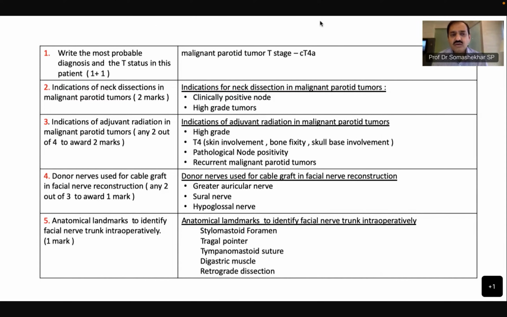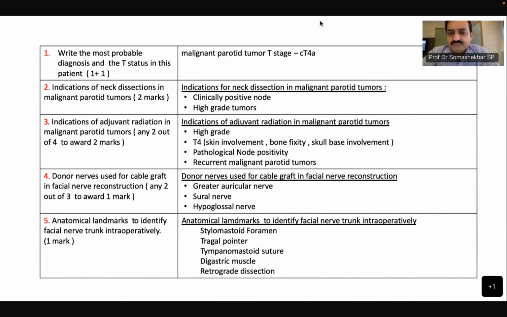So in the parotid, we don't do elective neck dissection even if it is T4. The only condition is when there is a clinically positive node or it is a high grade tumor, then we do it. Now, what are the indications of radiation? R0 low grade tumor, node negative, you don't have to do radiation.